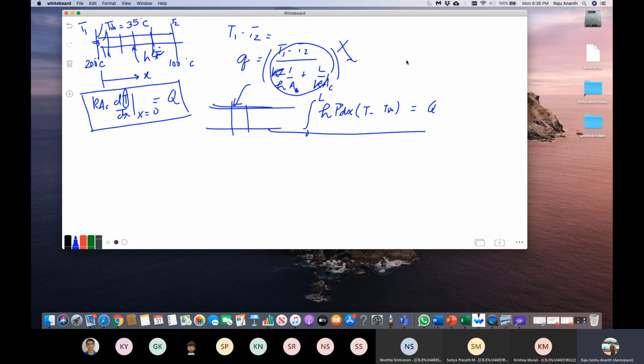That's not true. Now, there could be a way, approximately, because H was given as 15, something like that. So I can say what is the average temperature between these two. So you say it's, okay, 150 degrees average. So H multiplied by pi d L, times 150 minus 35.